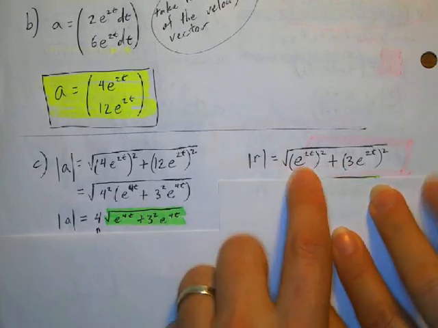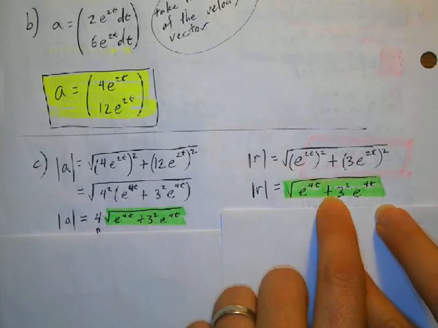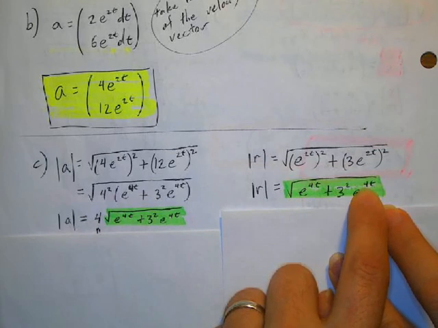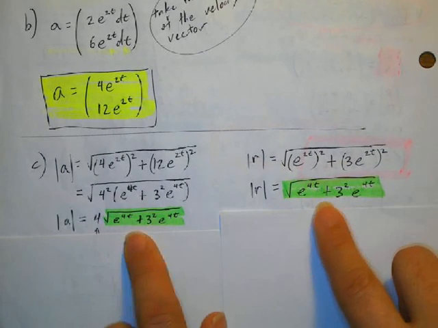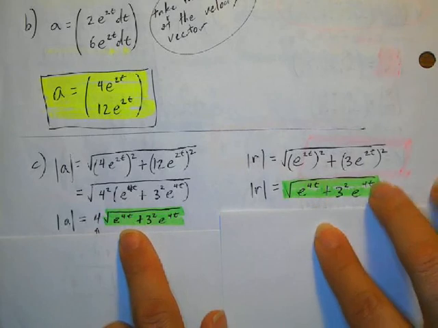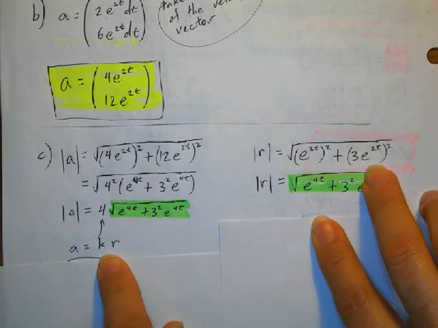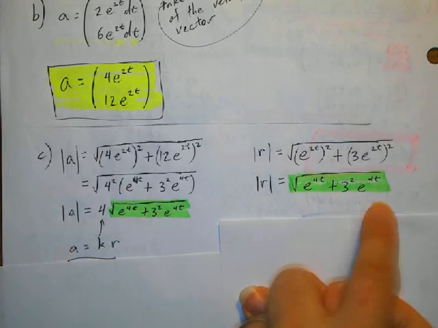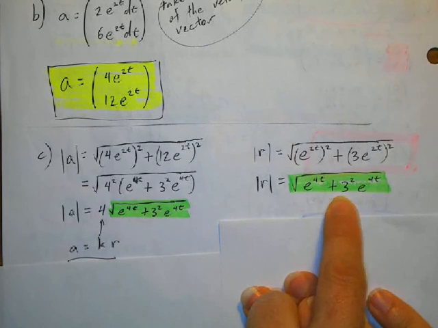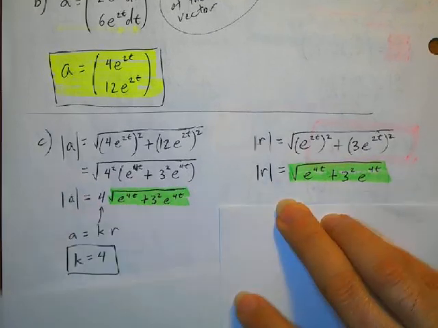And so now I'm left with e to the 4t plus 3 squared e to the 4t and the square root of that. And notice, these green things are both the same. Oh my goodness. So if A equals KR, and if A is equal to this, and R is equal to this, well, guess what? K is going to have to equal 4. And that's it.